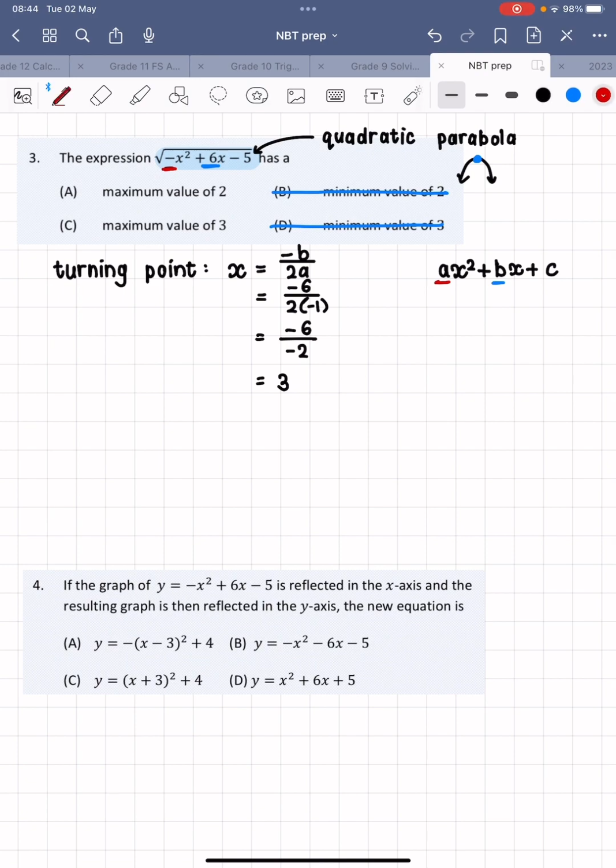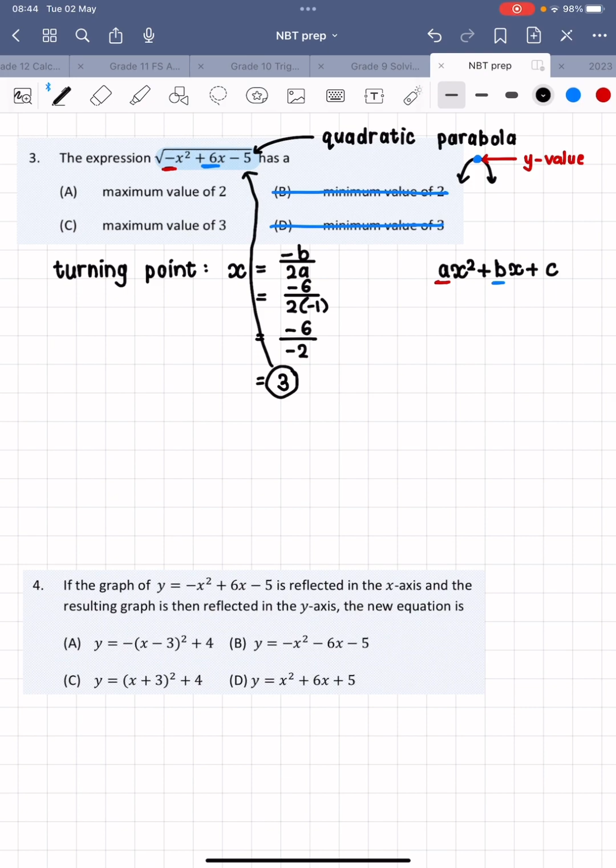Now the maximum value that we have to calculate here is always the y value of the turning point. What we've calculated is the x coordinate of that turning point. We now need to take this x value of 3 and substitute it back into our expression to get the y value.